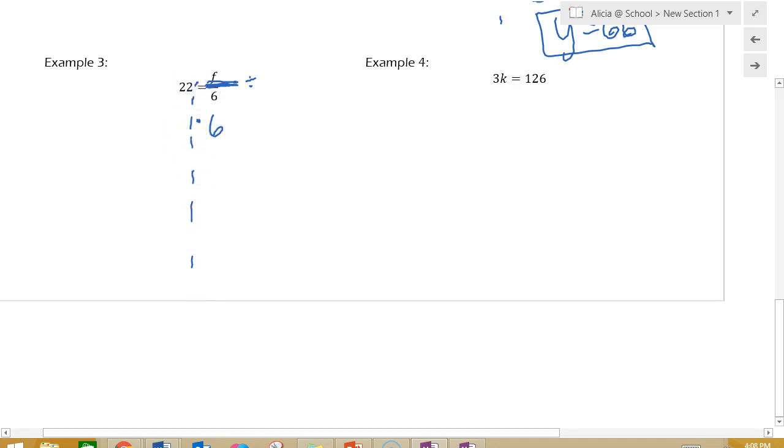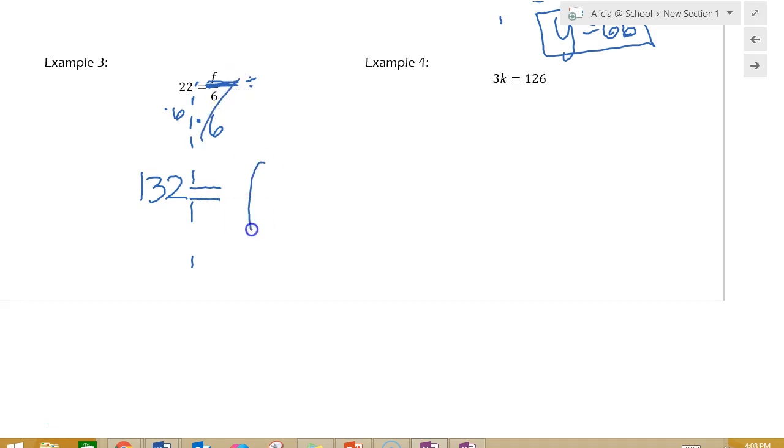And whatever I do to one side, I have to do to the other side. So therefore, 22 times 6 is 132. Bring down my equal sign. Since I was dividing by 6 and multiplying by 6, the only thing I have left on my right side is f. So therefore, f equals 132.